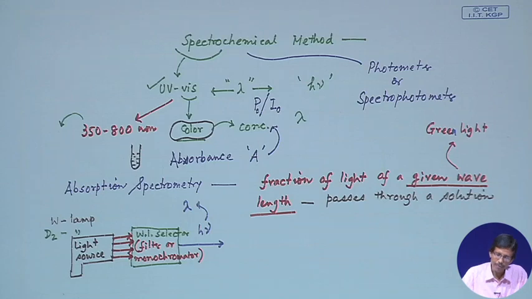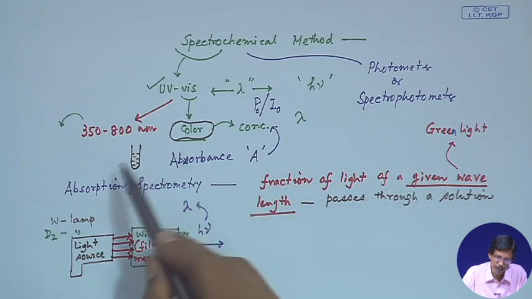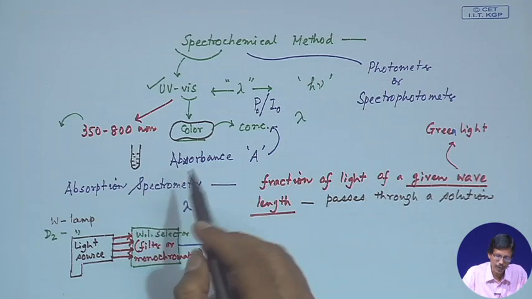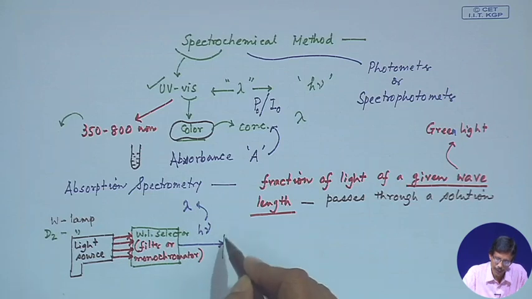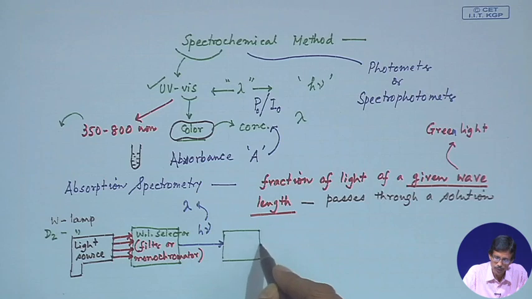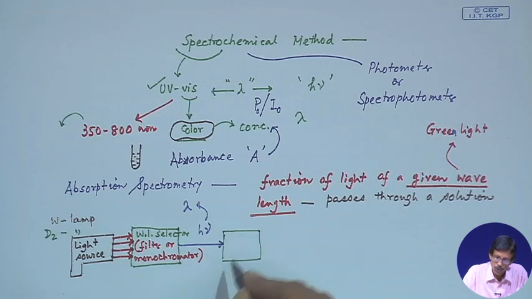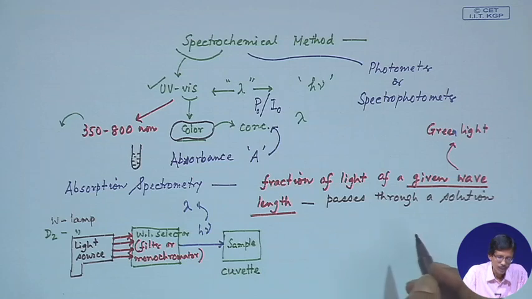So, what will happen then? Then we can have the solution, that means this colored solution. We can have the corresponding colored solution in our hand, which will be in the sample tube, or cuvette we call it. So, we have the sample here in the sample tube, or cuvette.